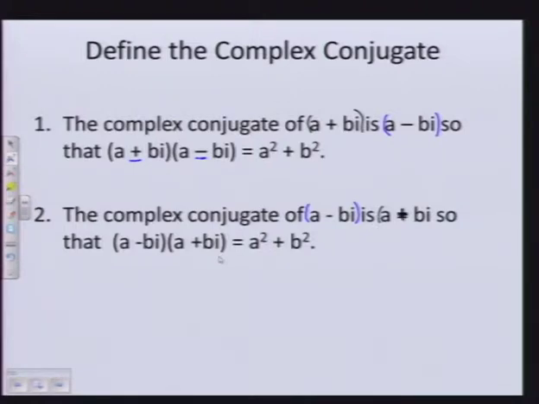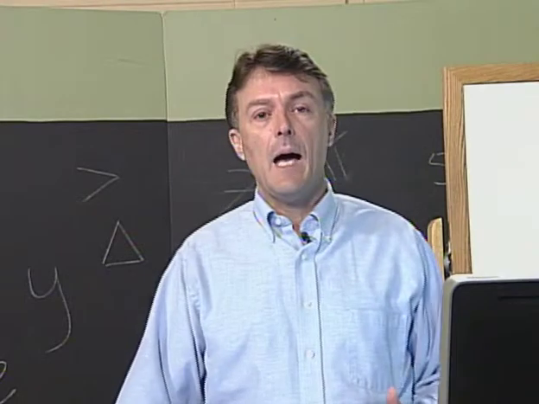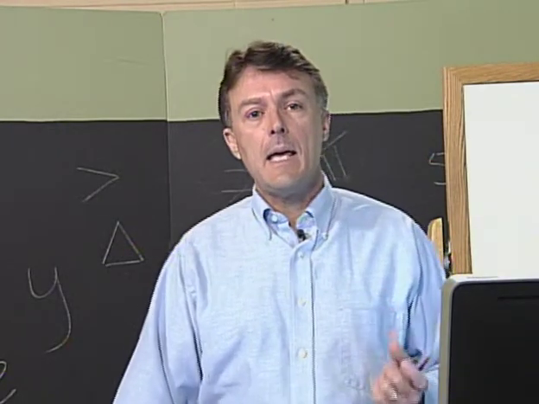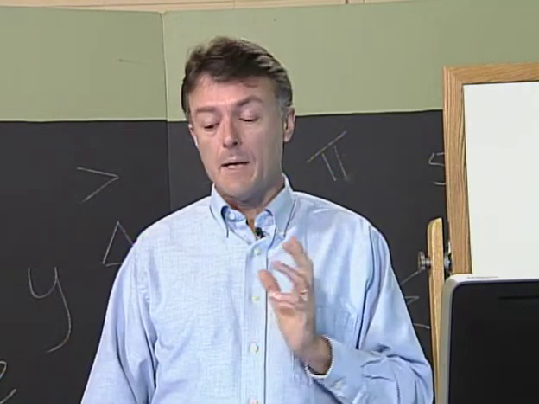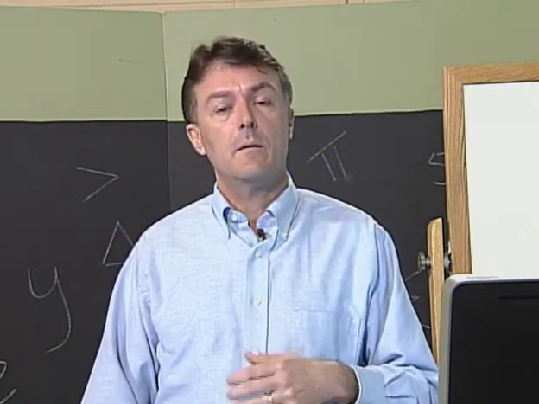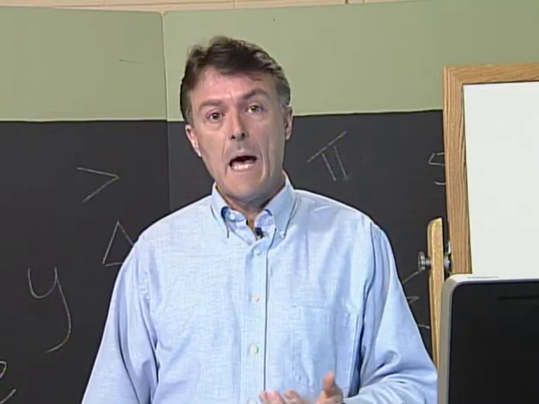That should be plus bi as its conjugate. And so the same thing happens. A minus bi, a plus bi, if we multiply them, we'll end up with a squared plus b squared. Basically the conjugate has the same two terms in there, but with opposite signs in between them. That's what you can observe as you look at this.